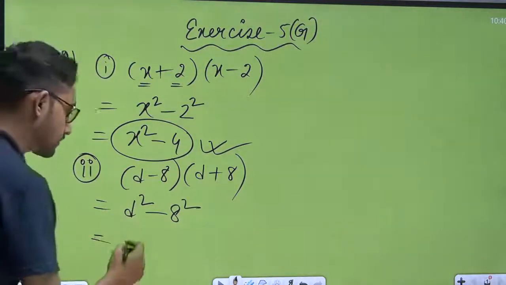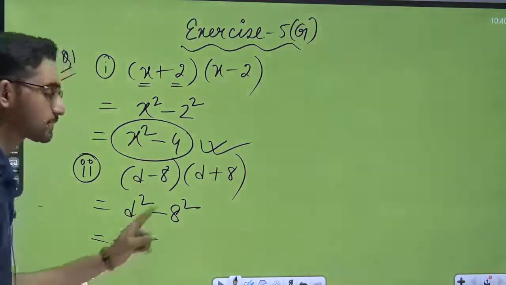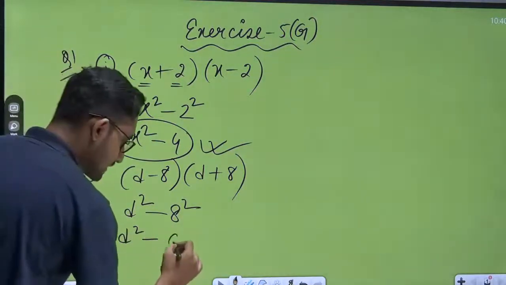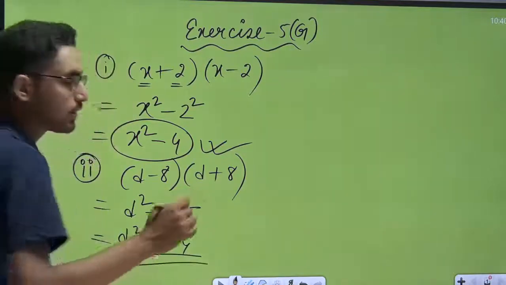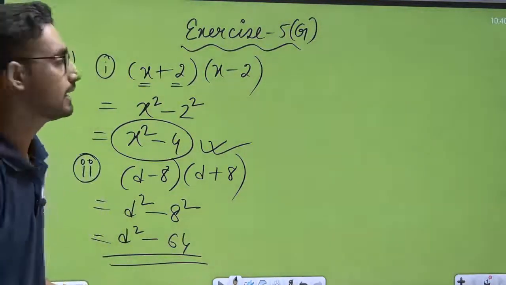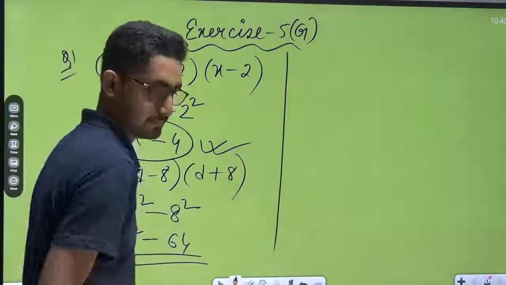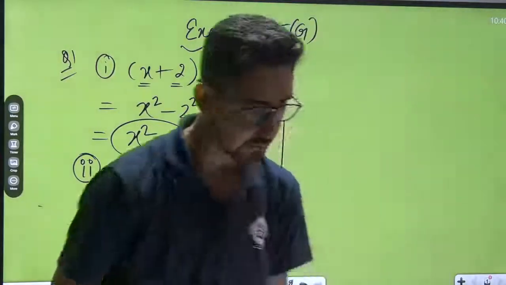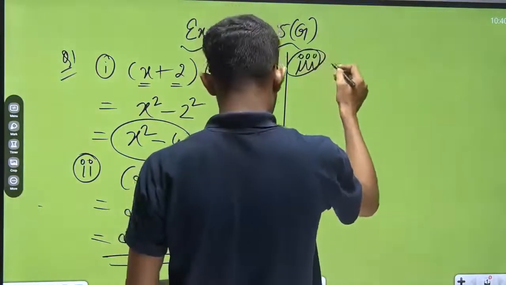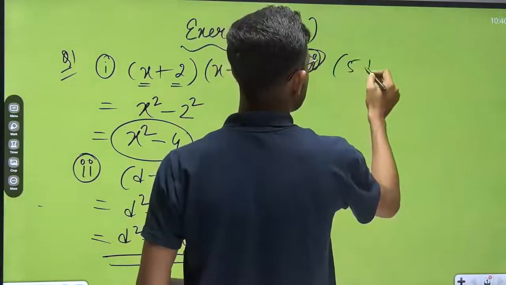D square, first number square minus second number square. That means d square, that is d square only, and 8 square is equals to 64. Yes, we can say 8 square is equals to 64, and that is your 100% correct answer. Okay, no issue, very simple. Now we'll move to the next question. Let's see. In this way you have to do all the questions.